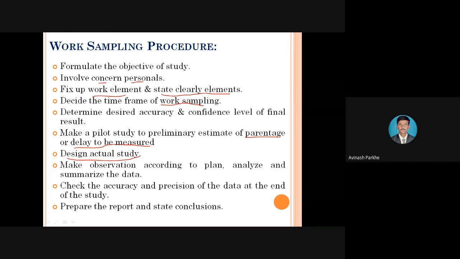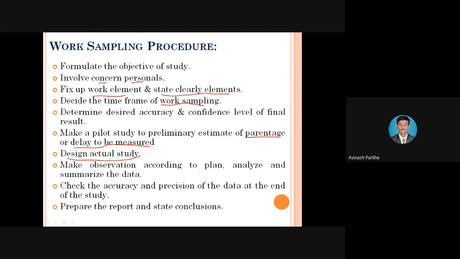At that time, the supervisor or engineer visits the machine and the operator, and gives some suggestions. According to those suggestions, we go for further modifications and design the actual study. That means some modifications take place in this work sampling or in that particular study.